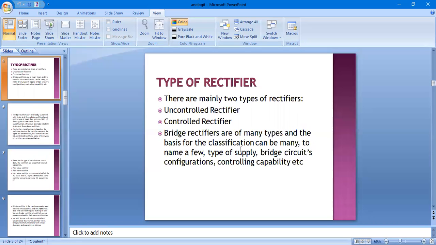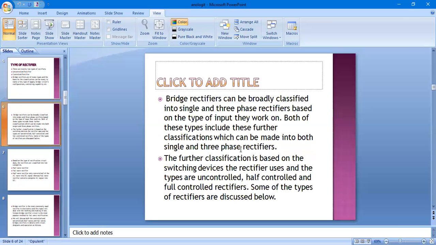Rectifiers come in many types, and the basis for classification can be many. To name a few: type of circuit, bridge circuit configuration, controlling capacity, etc. Rectifiers can be broadly classified into single-phase and three-phase rectifiers based on the type of input they work on.